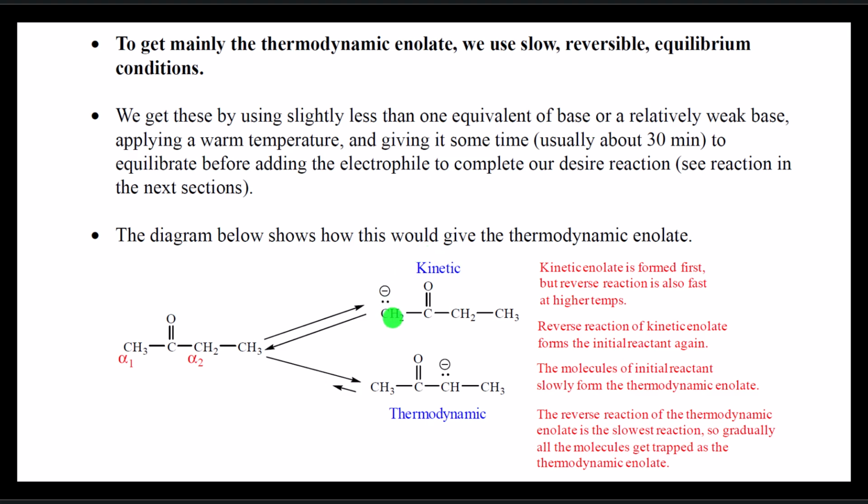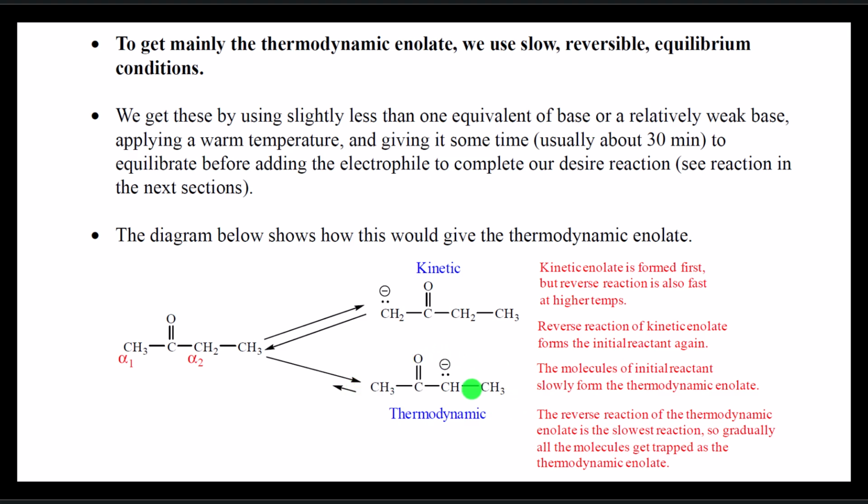However, if we have this at warm enough temperatures, the kinetic enolate can react either with the conjugate base or with, if we haven't used a complete equivalent, one of the ketones to protonate again and become the ketone again. This then gives us another opportunity to deprotonate, possibly on alpha 2 instead of alpha 1. When one of these is deprotonated on alpha 2, it will become the thermodynamic enolate.